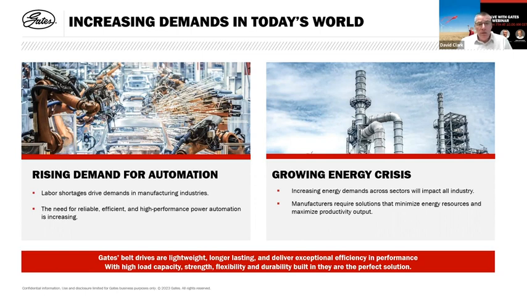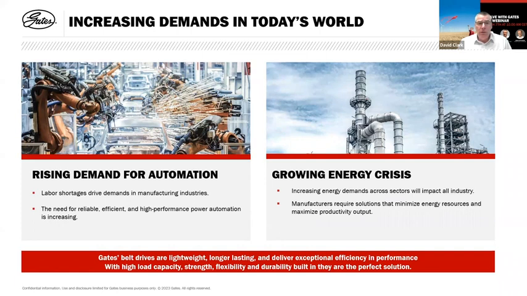In many industries, there are tight cost pressures for everybody. So the need for reliable, efficient, and higher performing power automation is increasing, and that's across the board. I think there's no company out there who isn't coming under these pressures. They're global pressures, not only local pressures.